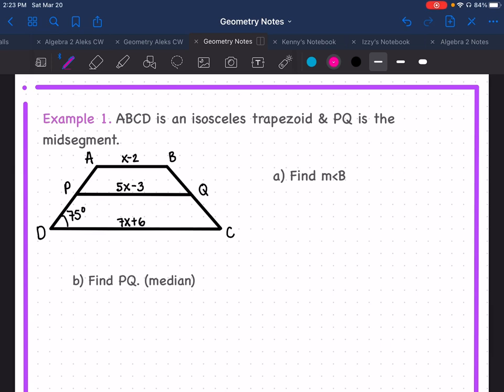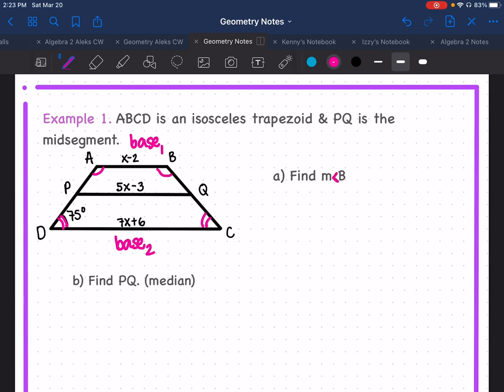All right. So I know from my properties on the last page that angle B and angle A are equal because this is base 1. I also know that angle D and angle C are equal because they are along base 2. But that's not going to help me find angle B specifically, right?